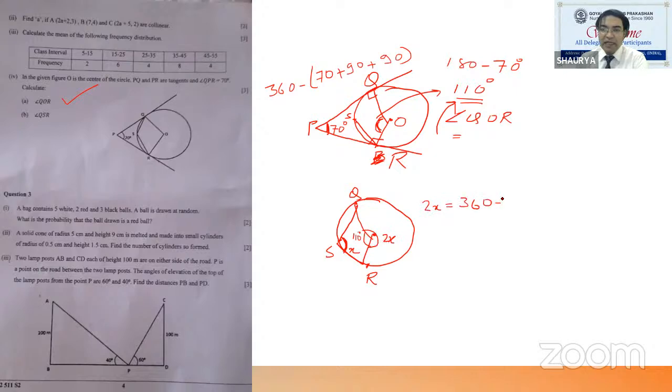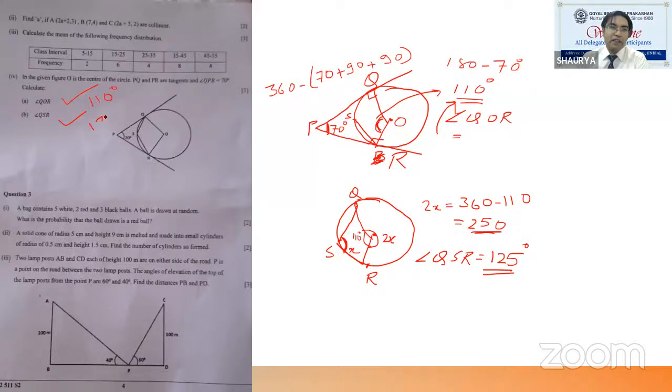So 360 minus 110 degree, that gives me 250 degrees. So the desired angle which is asked in the question, QSR, is X, that is half of this, that will be 250 upon 2 is 125 degree. So we have also calculated this angle. The first answer was 110 degrees. The second one came out to be 125 degree.